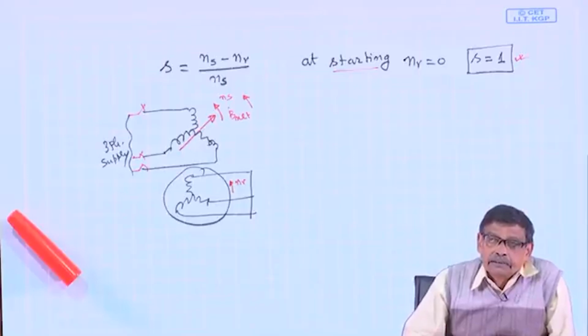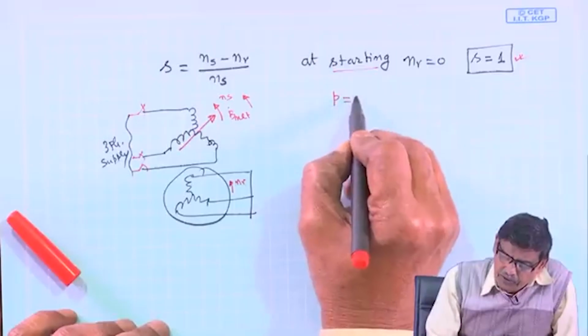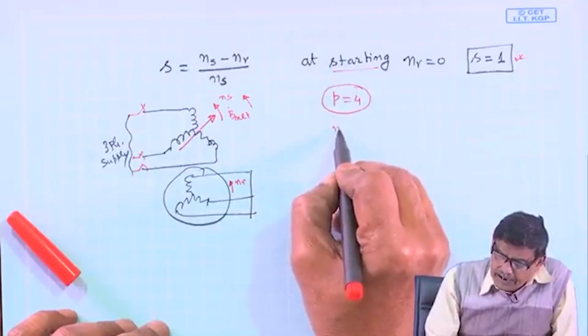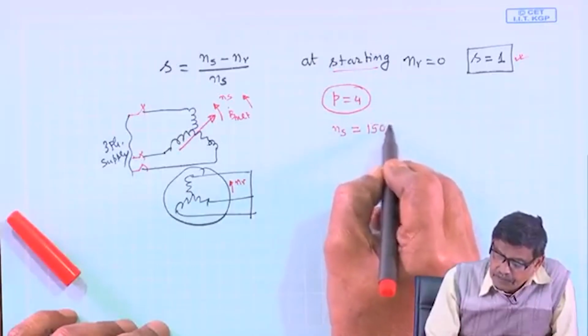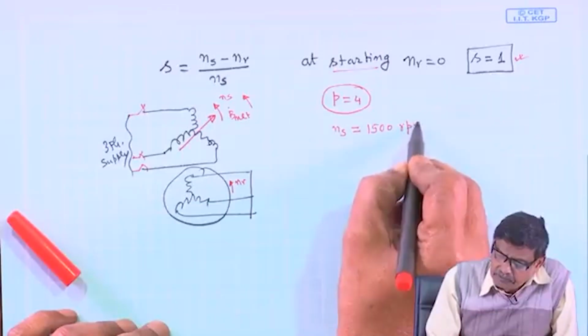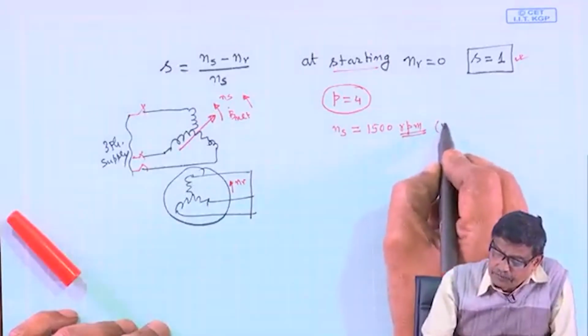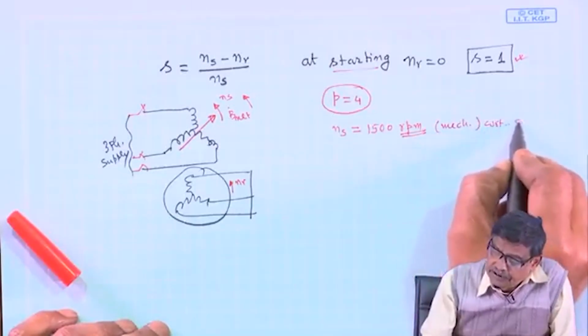Let us do this exercise. Suppose P equal to 4 number of poles, then I know Ns is equal to 1500 rpm. I gave you a table, 2f by P etcetera, and all are mechanical speed with respect to stator.